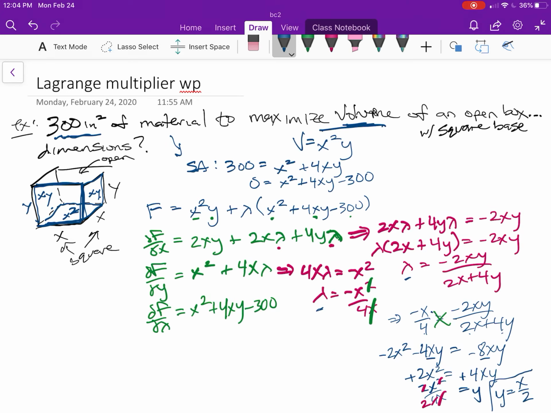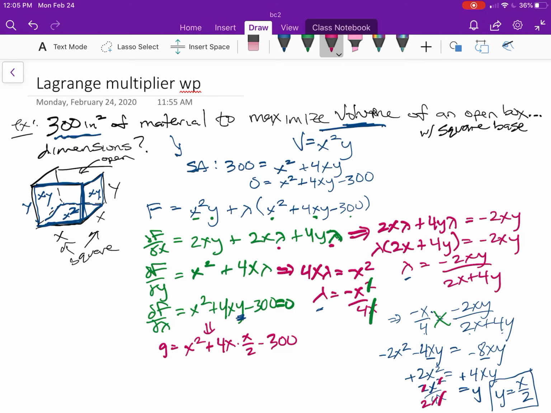Now take that and substitute it here. We're using g, so let's use this g. x squared plus 4x multiplied by x over 2 for y, minus 300. Remember, this also equals 0.